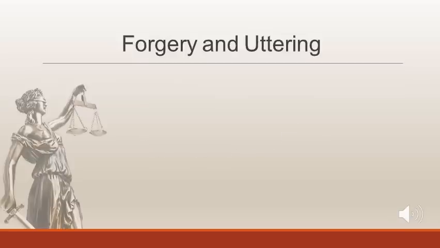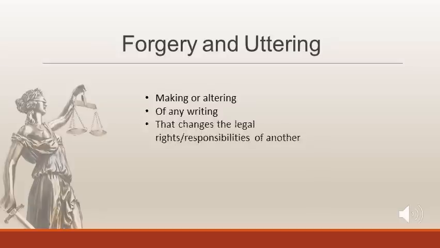Another crime that is considered to be a theft crime is forgery. Forgery is the making or altering of any writing that changes the legal rights or responsibilities of another.